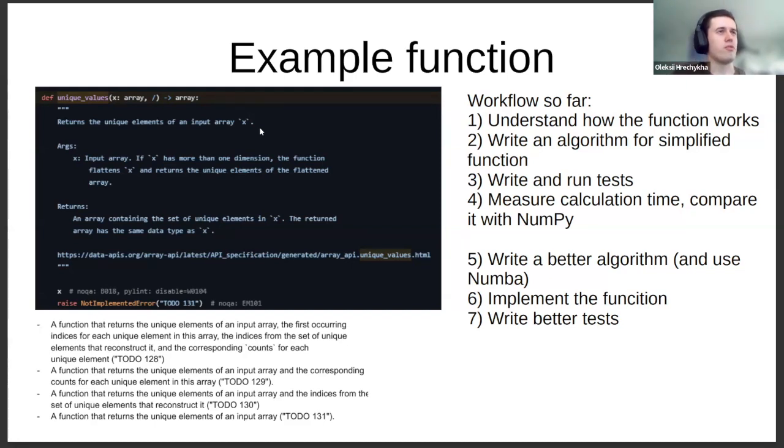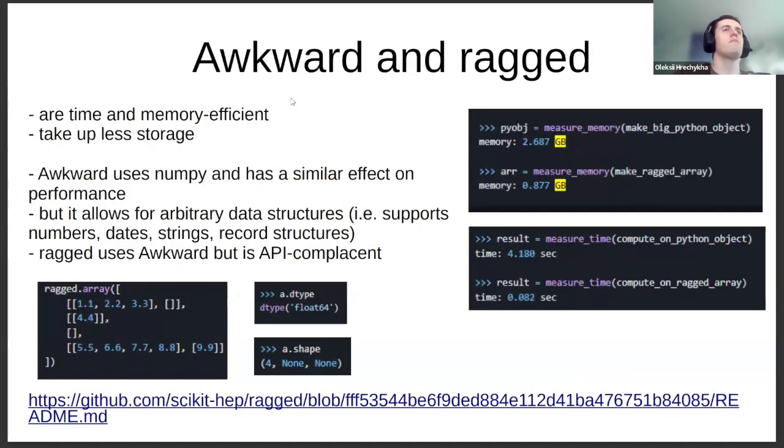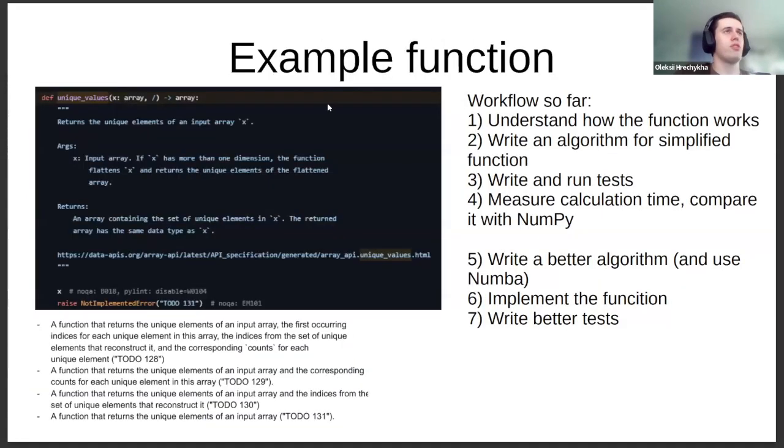Currently, I'm focused on improving the algorithm we have, and later on, once the algorithm for a function is good enough, we will be implementing Numba in the function to speed up the processes. And also the general idea is that we should employ, say, the Awkward library as much as possible, because it has many functions implemented already.